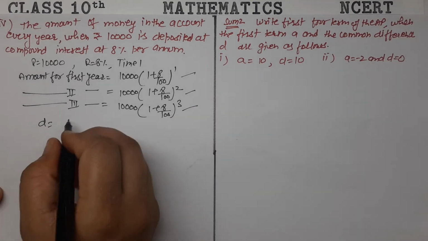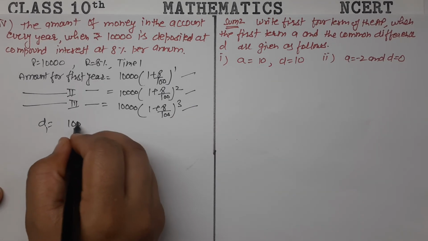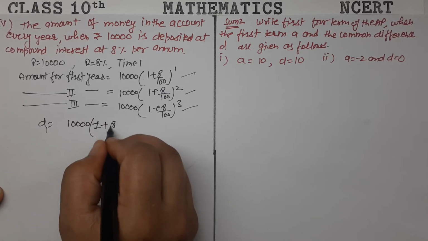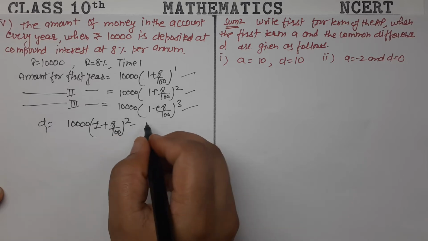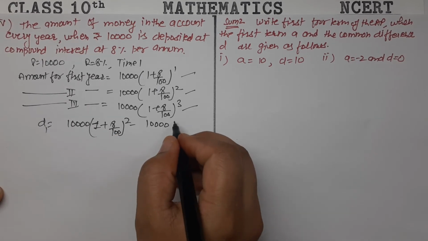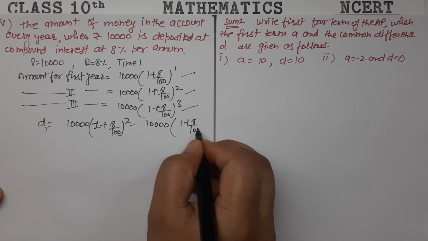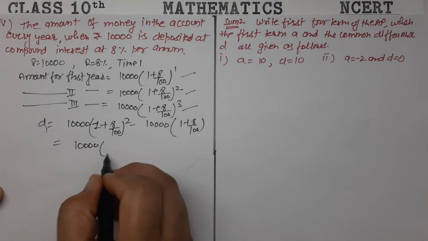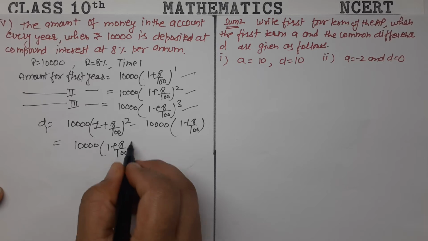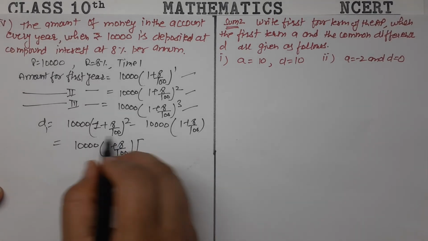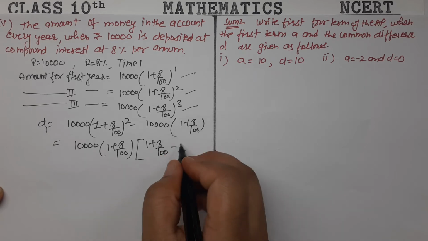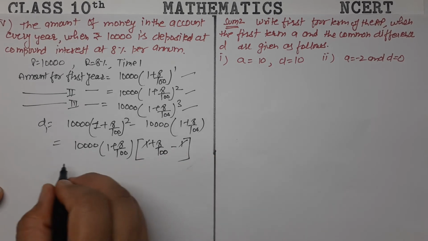Now we will find D, A2 minus A1. Take common 10,000 and 1 plus 8 by 100 power 1, remaining from here only 1 cancels.